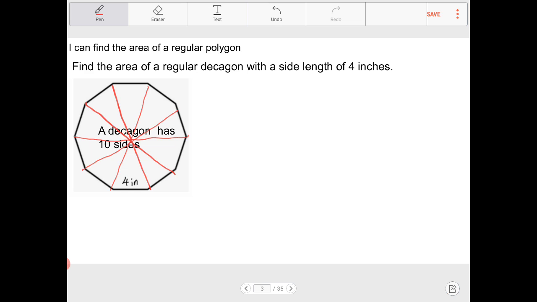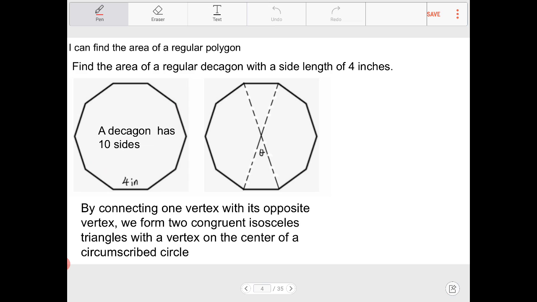The magnitude of rotational symmetry here would be 36 degrees, because if we rotated this 36 degrees, it would land on itself exactly the way that it is shown right now. So if we find the area of one isosceles triangle and multiply that by 10, we would essentially solve the problem. So that's the approach that we're going to take.